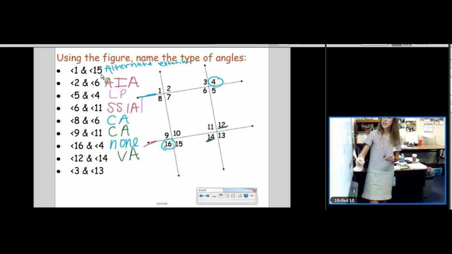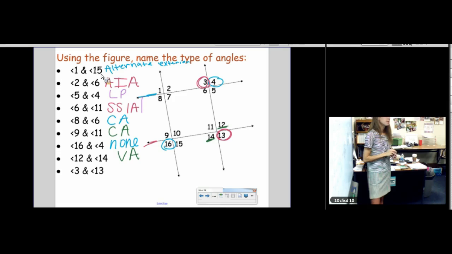And grand finale. 3 and 13. Are they same side or alternate sides? Same or alternate? Alternate. Are they interior or exterior?